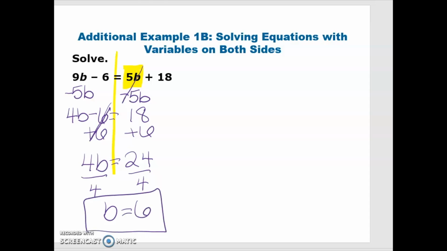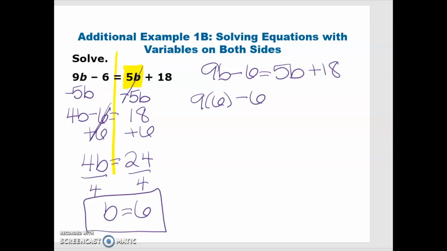Okay, I'm gonna do my check. 9b minus 6 equals 5b plus 18. So 9 times 6 minus 6 equals 5 times 6 plus 18.